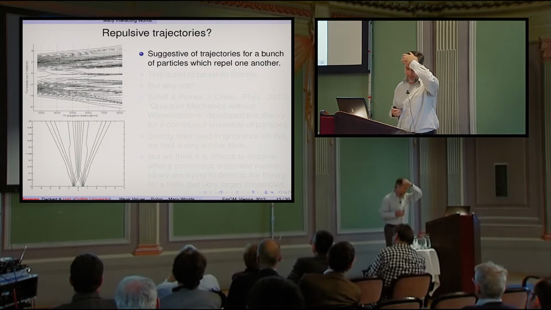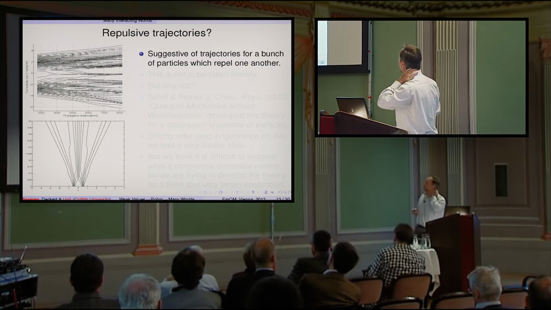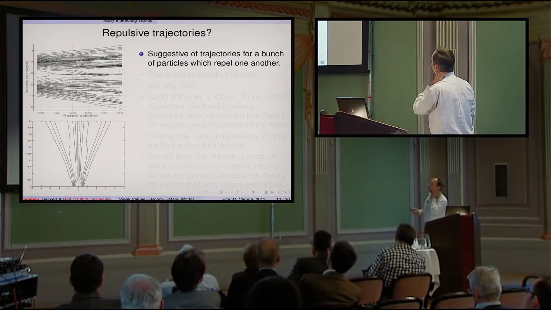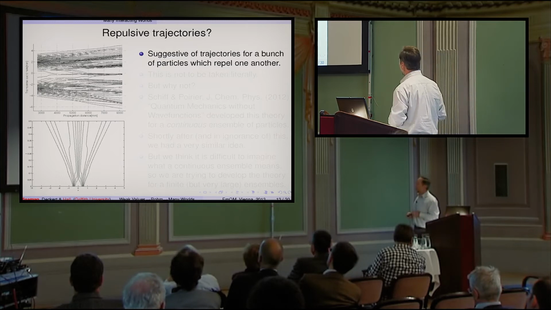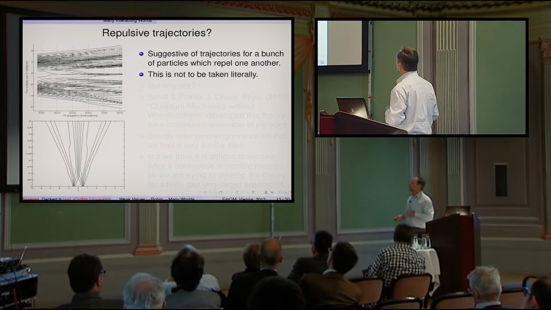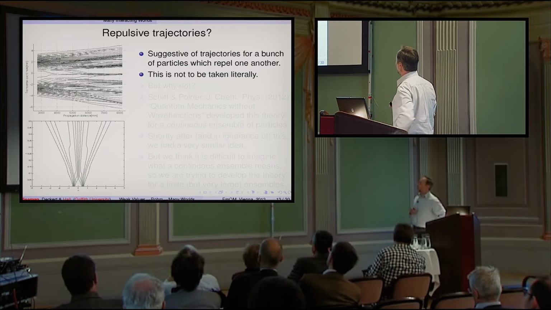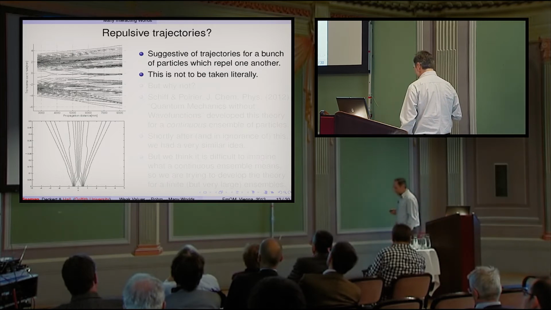If you didn't know anything about streamlines, you might say, oh, I've got a whole bunch of particles here and they've got an interaction repelling them so that they don't cross.